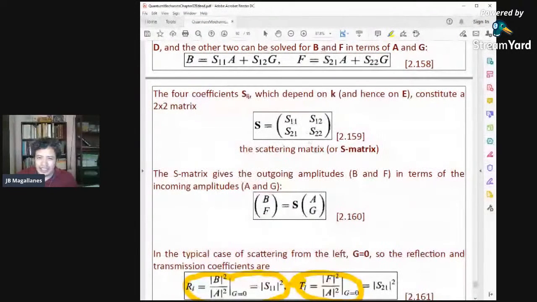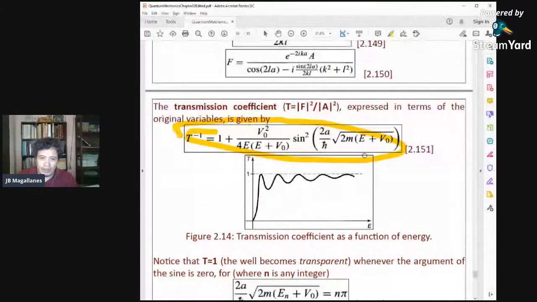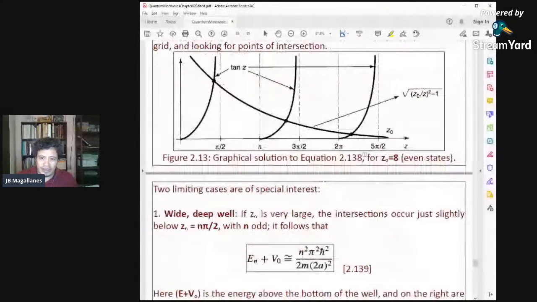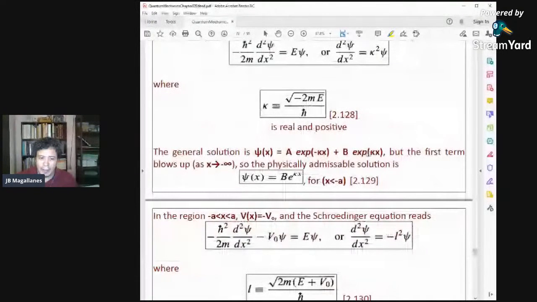So in this case, this is an element of the S matrix, or this is also an element of the S matrix.